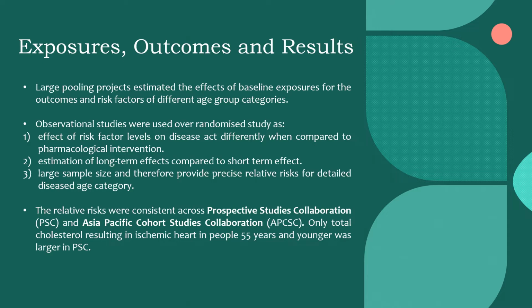Even though randomized studies were available, observational studies were used because they estimate the effect of risk factor levels on disease outcome as opposed to the effect of a particular pharmacological intervention, which may act through risk factor reduction as well as other pathways.